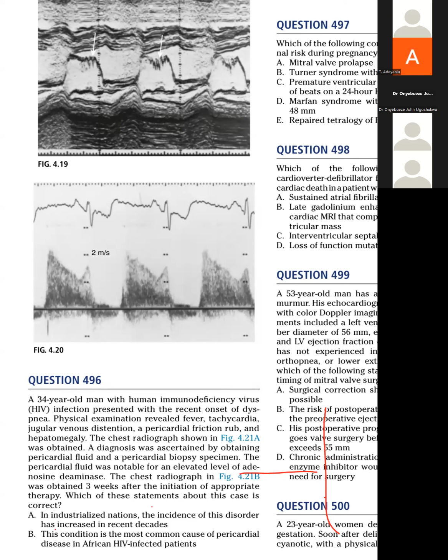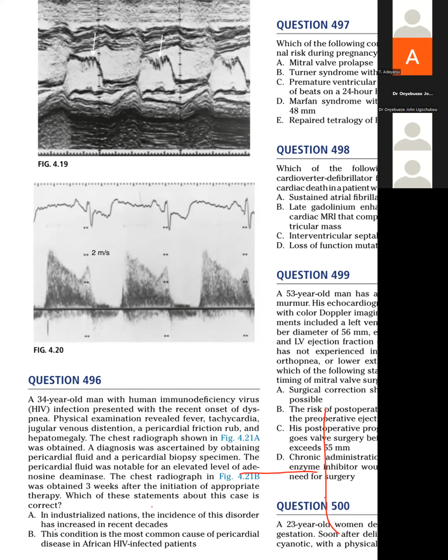With this, you can trace the entire mitral inflow, which gives you an estimate of the mitral valve area.